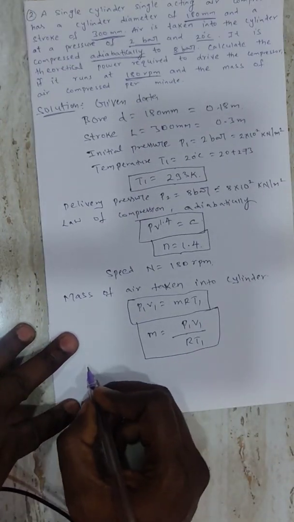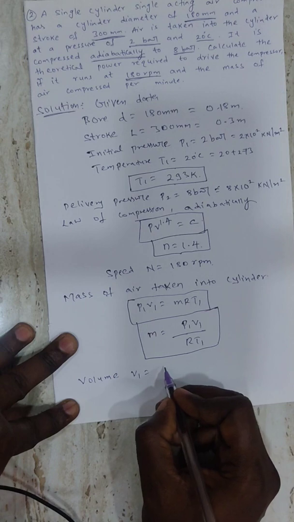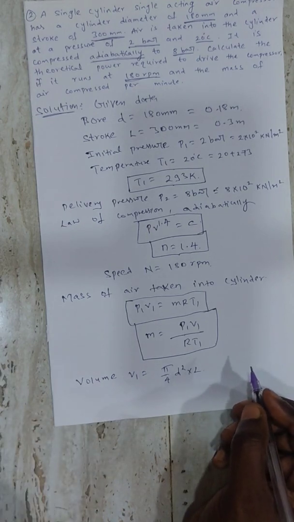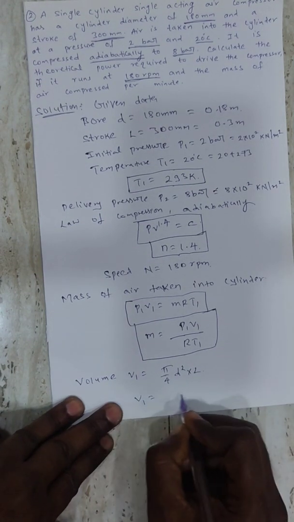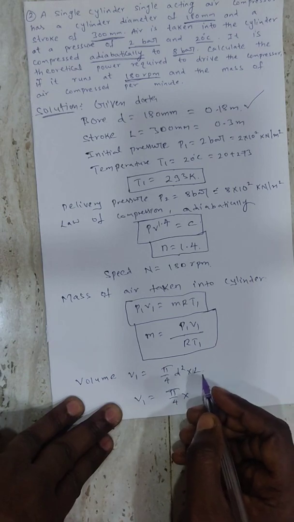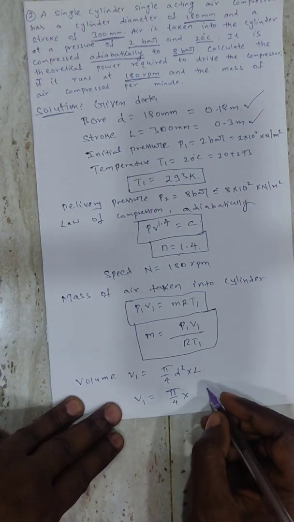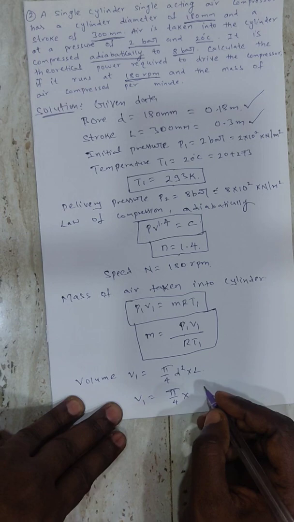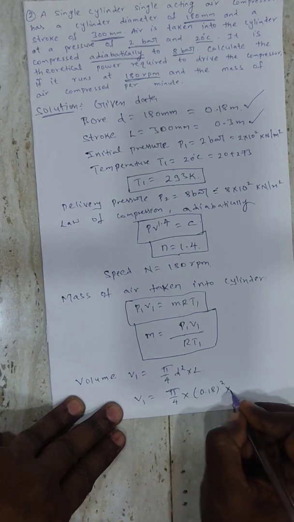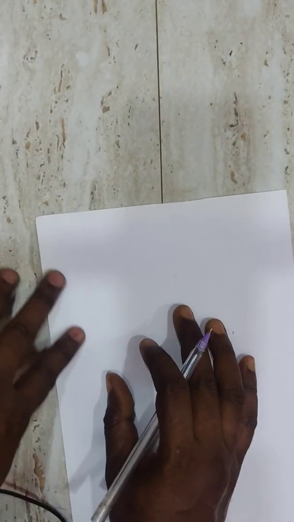First we will find out the volume. V1 is equal to pi by 4 d square into L. V1 is equal to pi by 4, the diameter is 0.18 meter, squared, into the length, 0.3 meter.